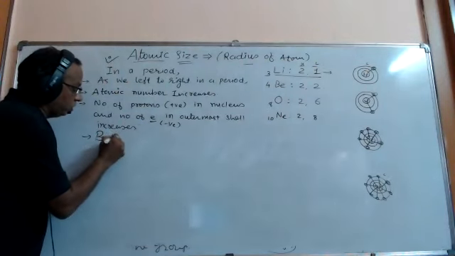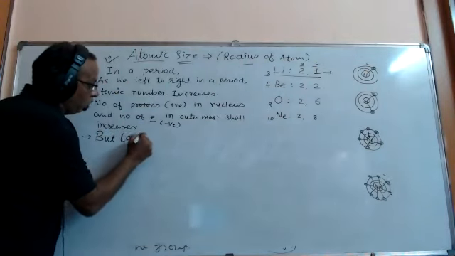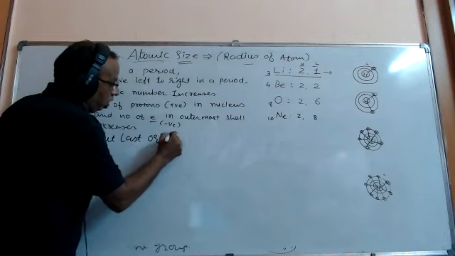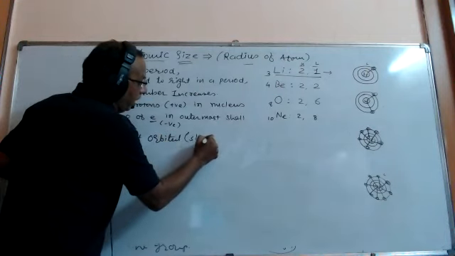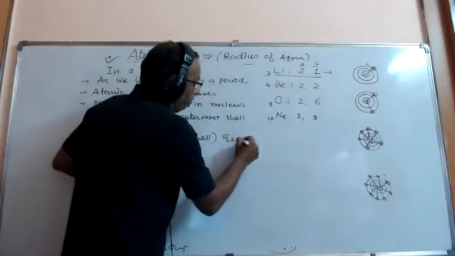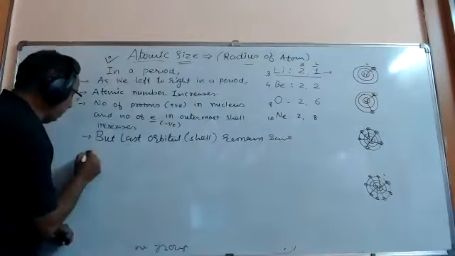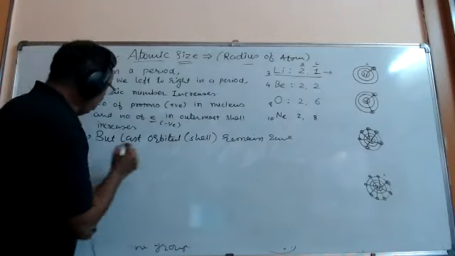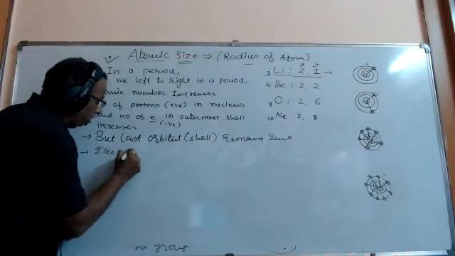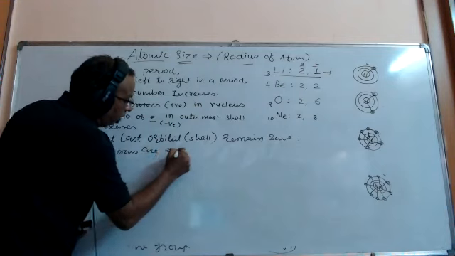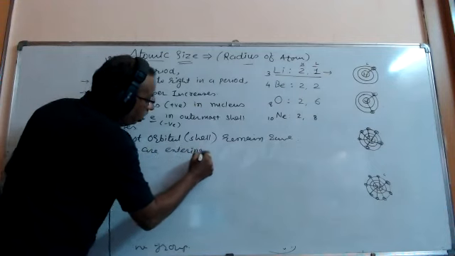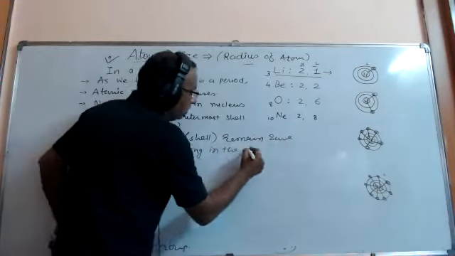But friends, the last orbital, or we can say cell, remains the same. So what happened, friends? The electrons are entering the same cell.